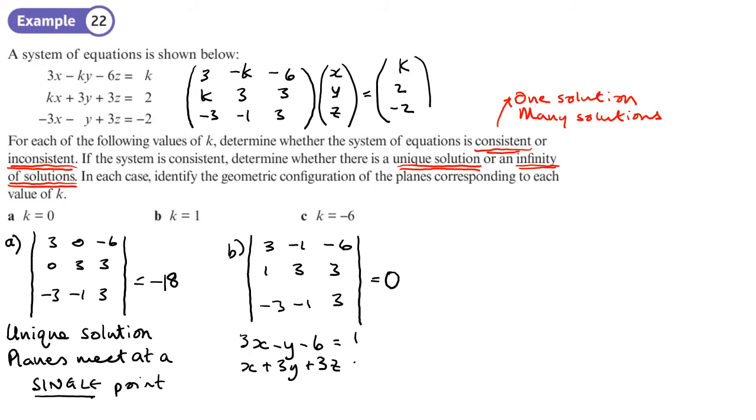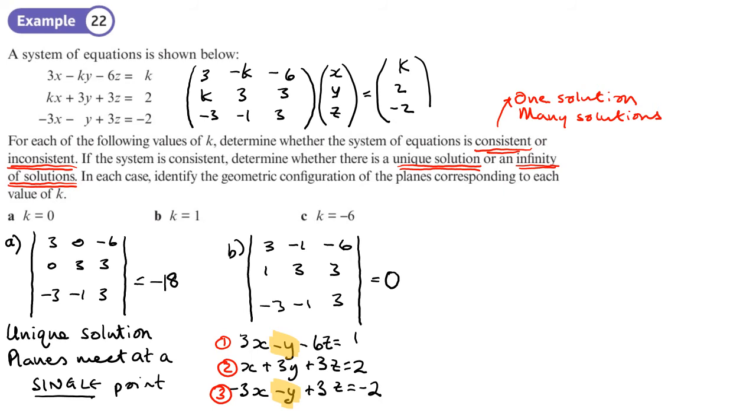The last equation is negative 3x minus y plus 3z equals negative 2. Now I'm going to label these equations 1, 2 and 3. I'm looking for equations that have the same coefficient so I can put them together. Equations 1 and 3 have a negative y, so the same coefficient there. I've just noticed that I missed out a z on the first equation, so there we go.